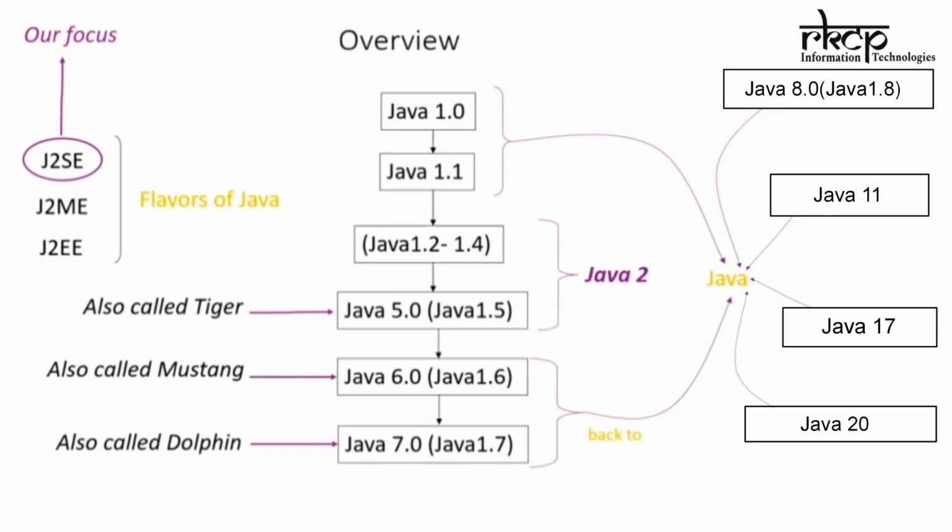In 1995, they renamed the Oak language to Java, and they introduced the first version of Java called Java 1.0. After that, multiple versions came like 1.1, 1.2, 1.3, 4, 5, 6, 7. Even for the versions, they have given some names also.